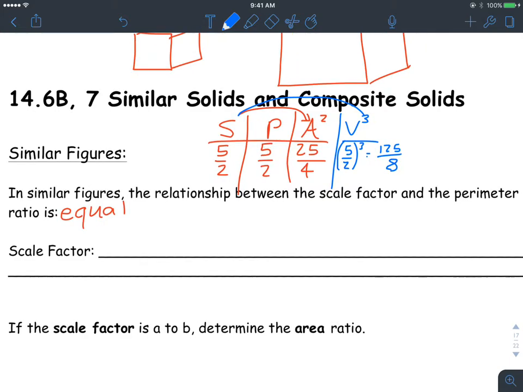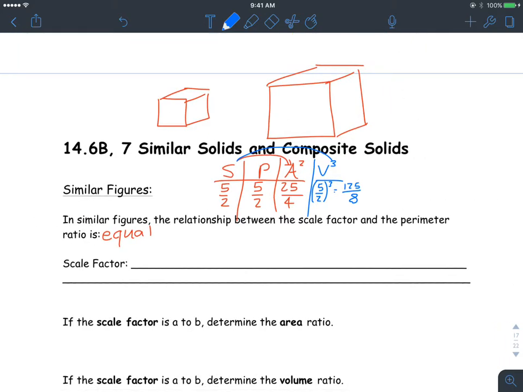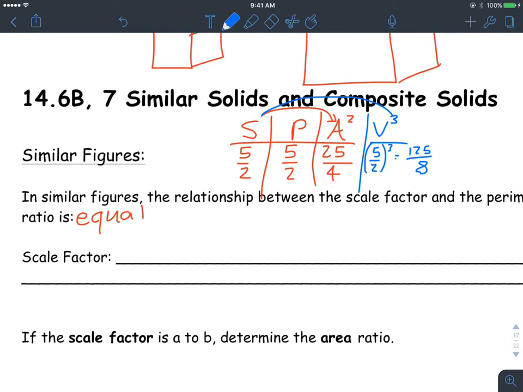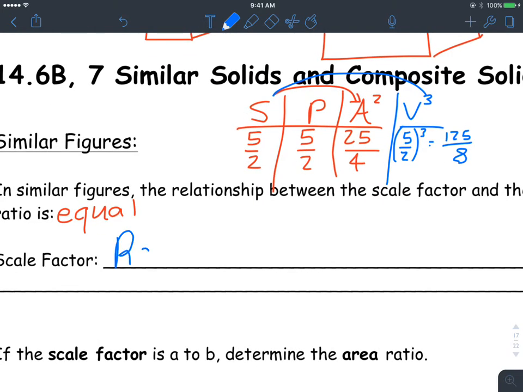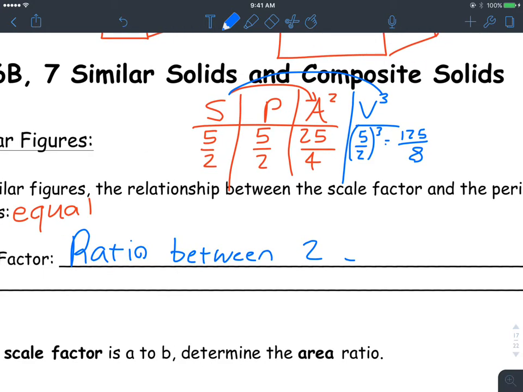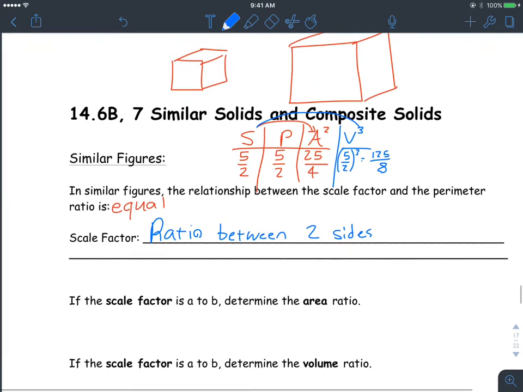All right, so let's go ahead and fill out a couple things here. Scale factor, we've already defined that in the past, but we can just say it's the ratio between two sides of a figure.